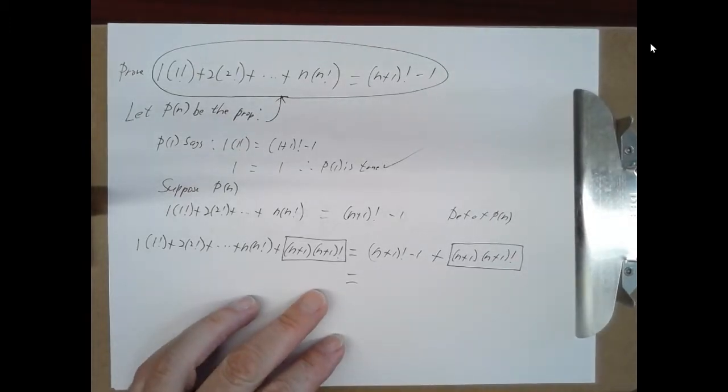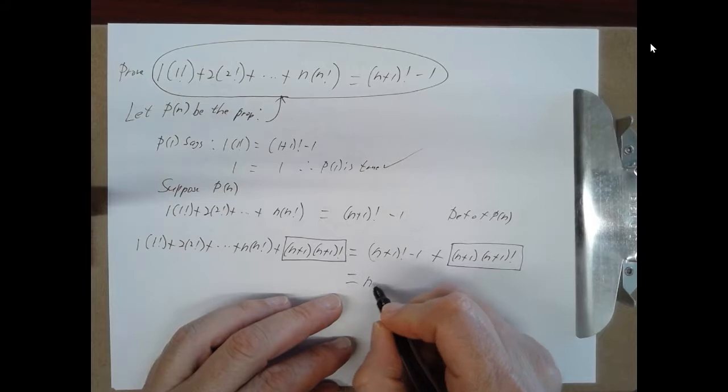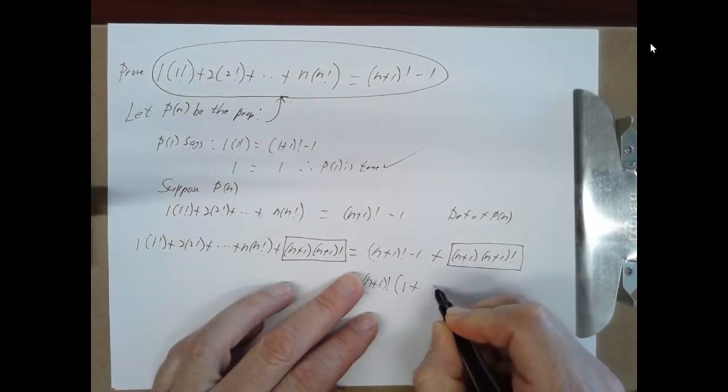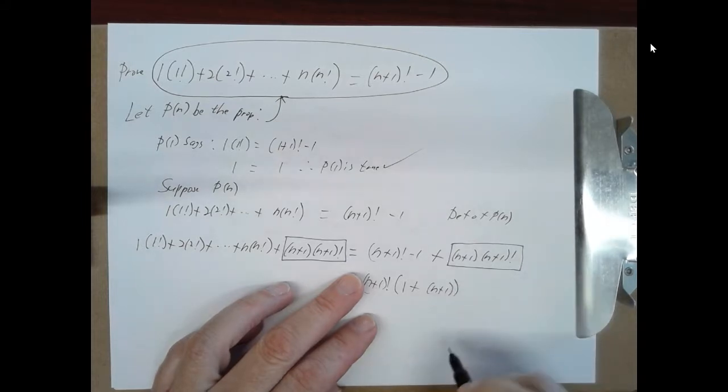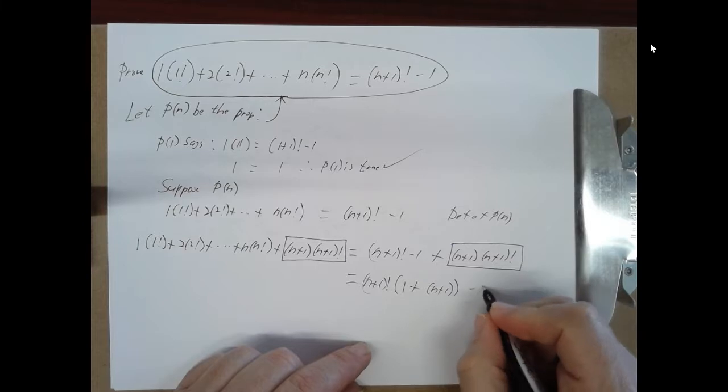And so we said the other day, let's try factoring out the n plus 1 factorial. So n plus 1 factorial times 1 plus n plus 1. So that gives us this term, it gives us this term, and then we still have a minus 1.